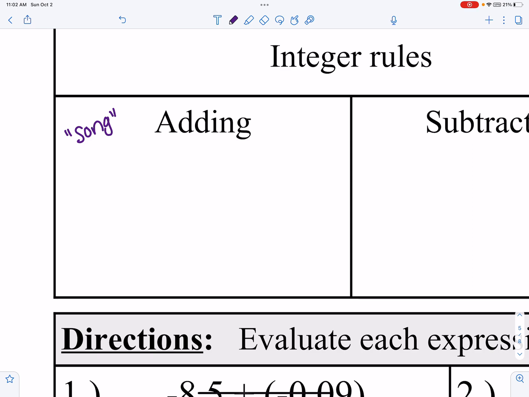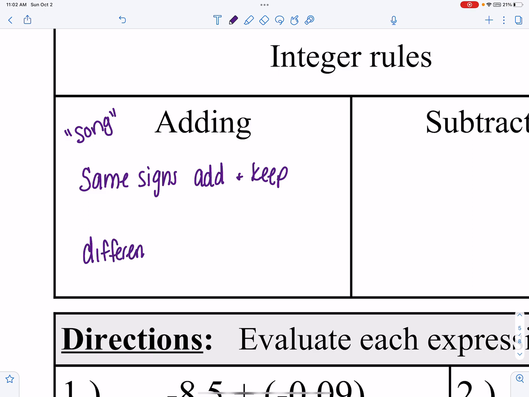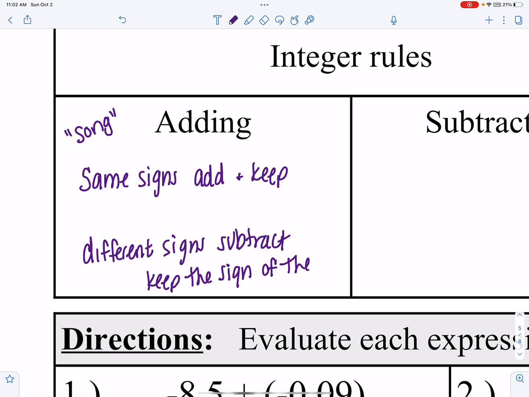All right, so let's record that: same signs, add and keep. Or we have different signs, subtract. And then we know we need to keep the sign of the bigger digit.